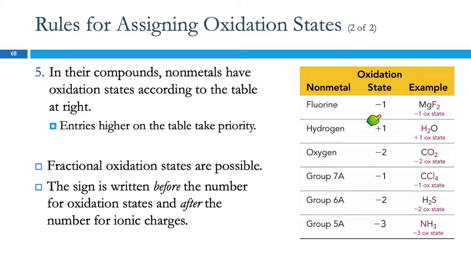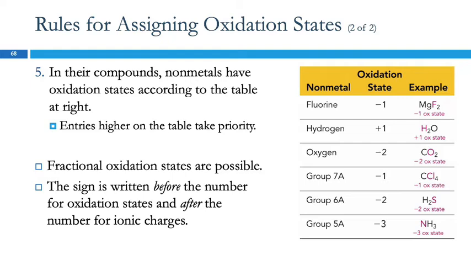So fluorine would be -1, hydrogen would be +1, oxygen would be -2. Oxygen as an ion is a -2, right? Group 7 is -1. All the group 7 elements, the halogens, they make -1 ions. Group 6 is -2, group 5 is -3.